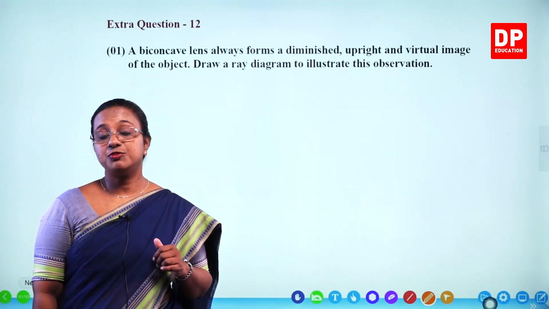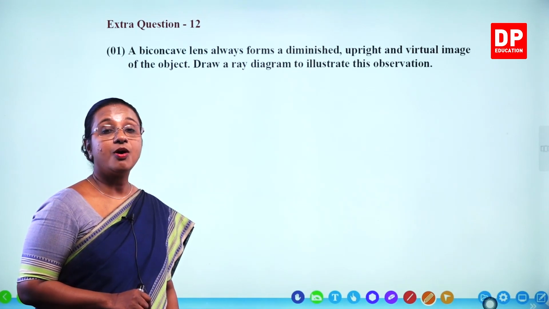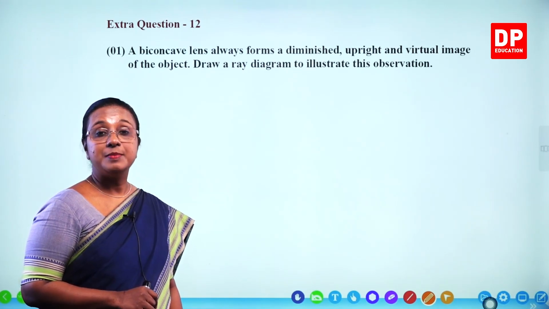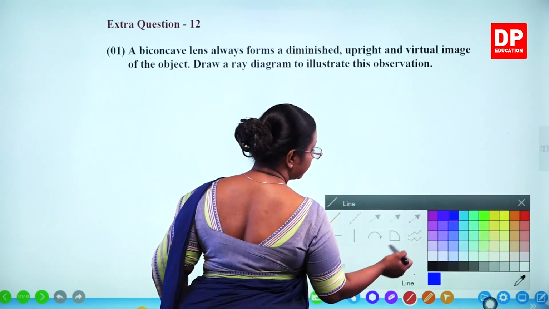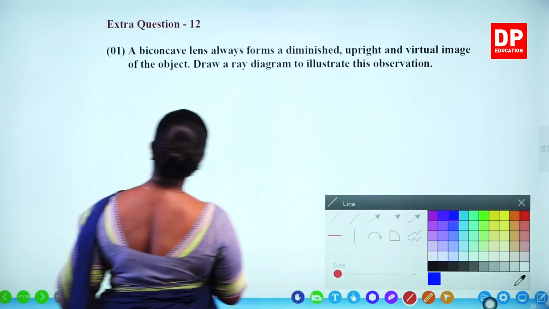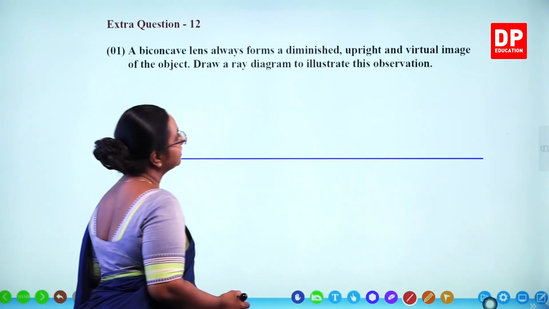For that, we have to draw a ray diagram. So where do we start? Always we have to draw the principal axis first. So I will start off with the principal axis. So here we can draw the principal axis.